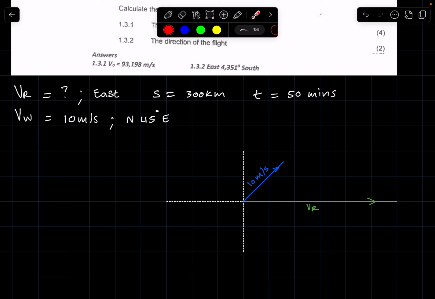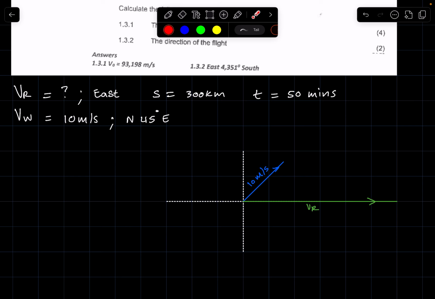Now, even if you cannot really interpret from the given information the direction of VO, when you start drawing your vector diagram, the direction of VO will come out on its own.